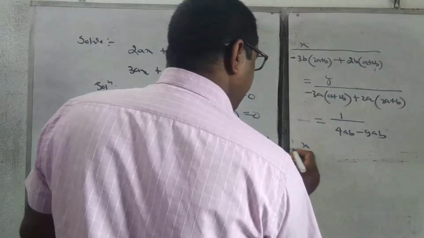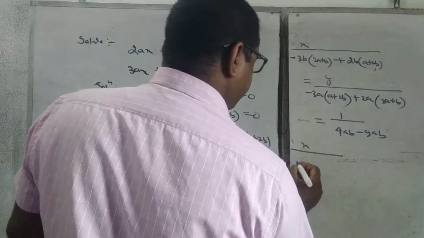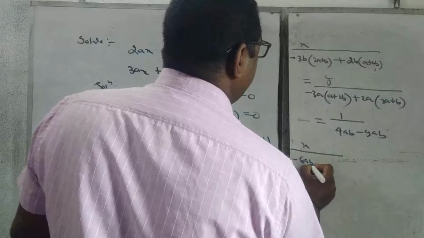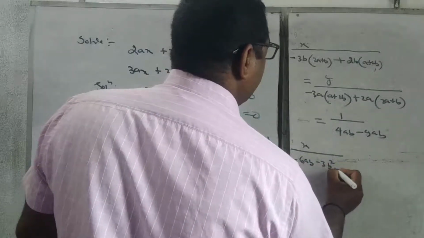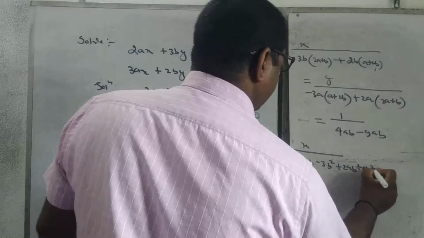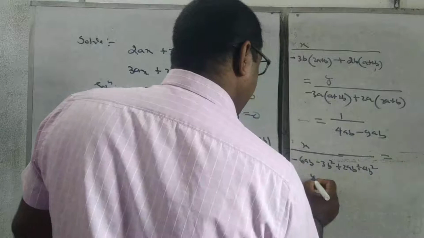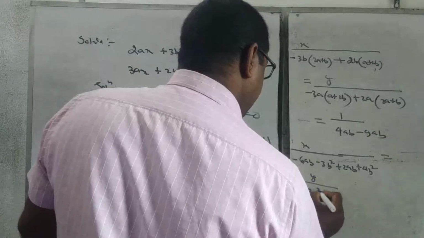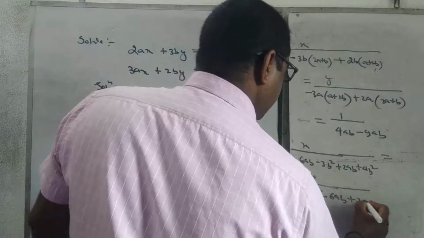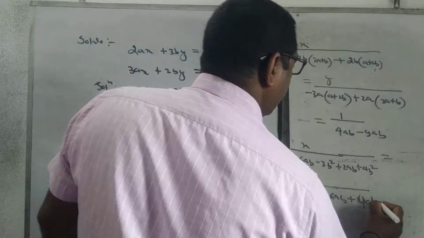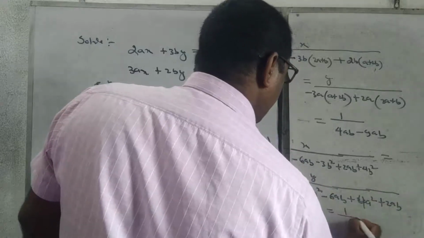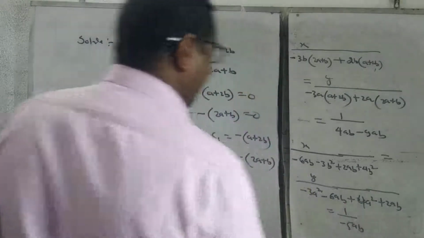So here x upon minus 3 times 2 is 6ab, minus 3b square plus 2ab plus 4b square, y upon minus 3a square minus 6ab plus 4a square plus 2ab is equal to 1 upon minus 5ab.